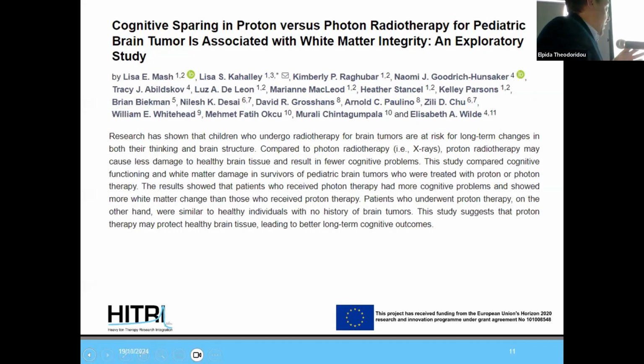But they are not only pictures, not only colors. If you spare the organs, the normal tissue, you help the quality of life of the patient, and this is well reported, for example, in this paper regarding the brain complications of the treatments.